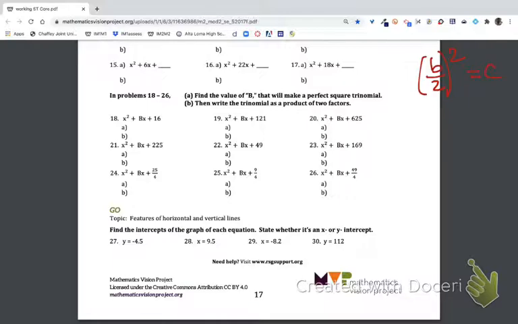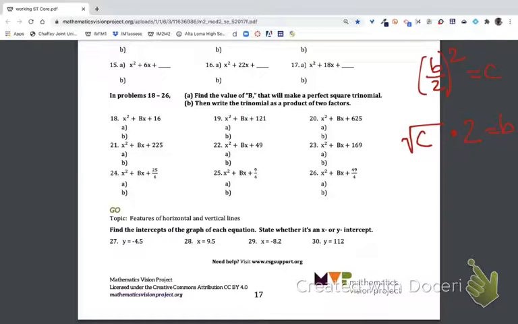Or what we can also do is this. We can take the square root of c and multiply it by 2. And that would give us our b value. So take the square root. Think about what two numbers multiply together to get 121. Well, I know that that's 11.